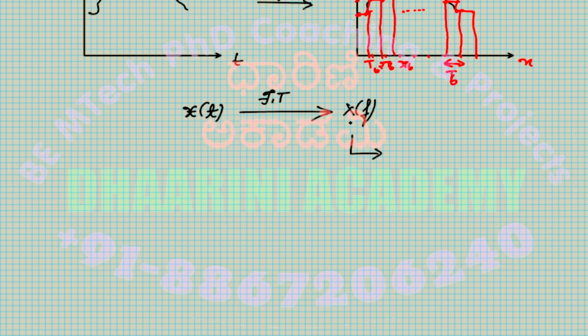When you move it to x of f, what is the domain of the signal? Domain is frequency, right? So at what frequency, what is the amplitude, you are able to see that. Which means you get the details of the frequency contents of the signal.